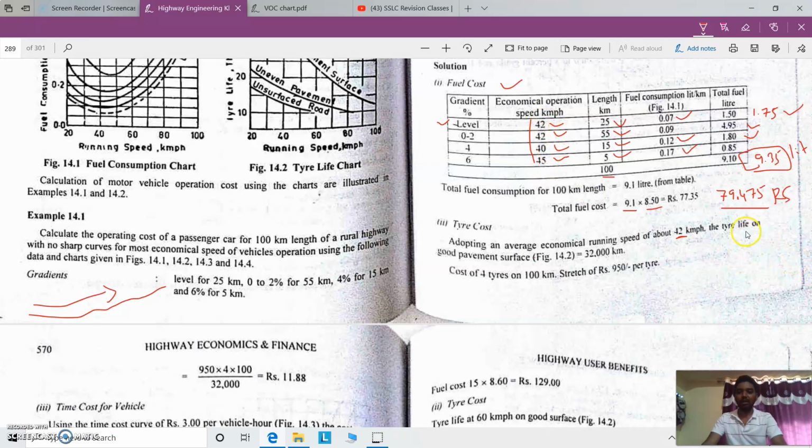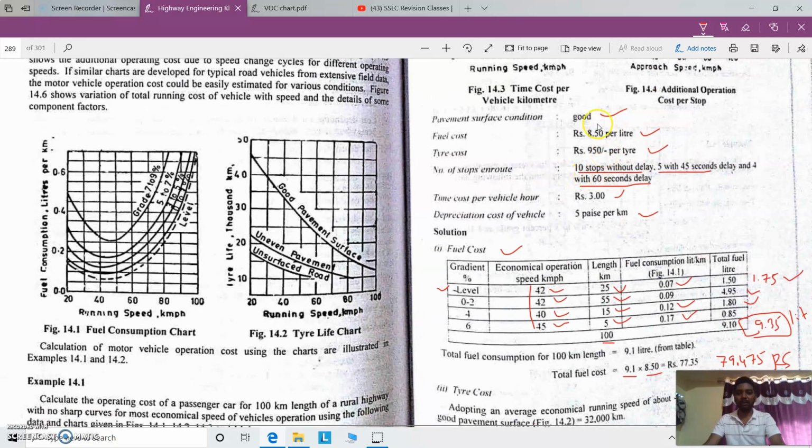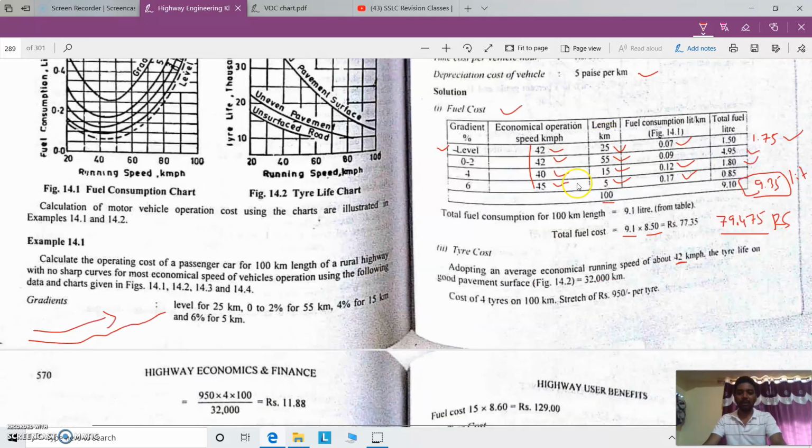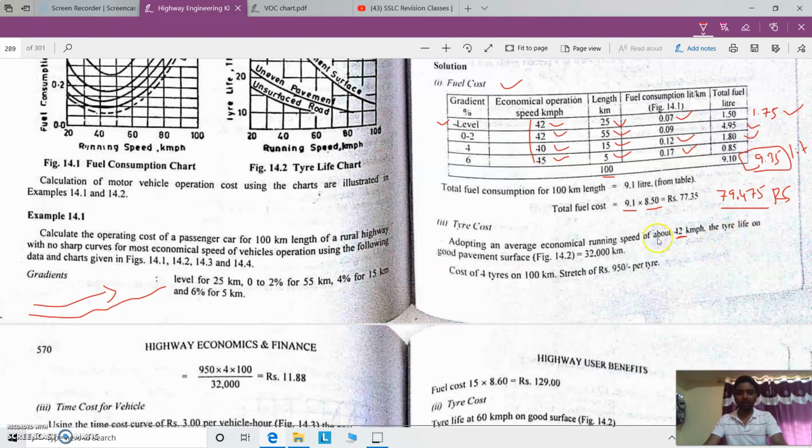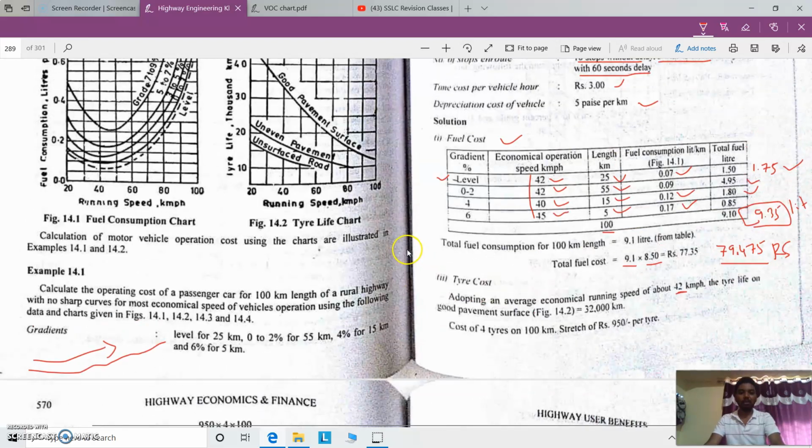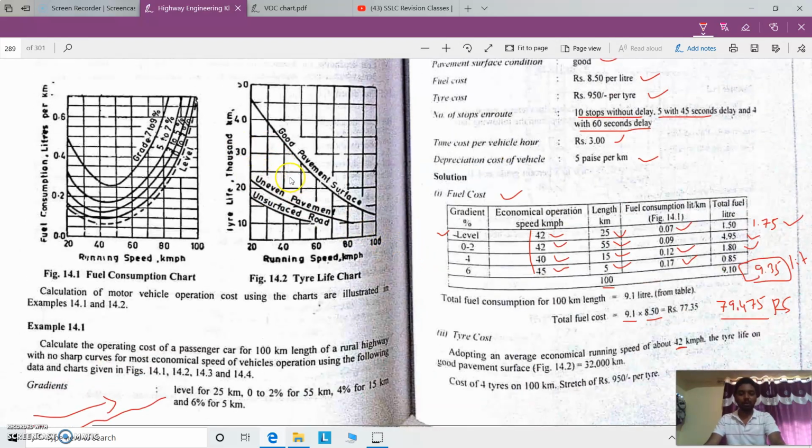And for the tire life, the pavement condition is given as good in the question. The tire life on good pavement condition, we need to refer to this graph. In this graph we have running speed and tire life in 1000 kilometers.